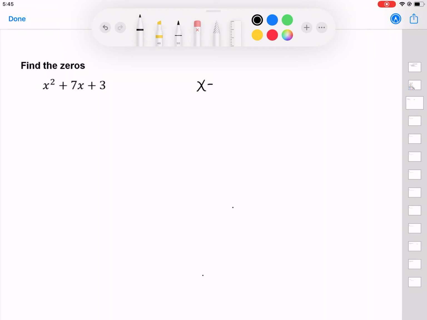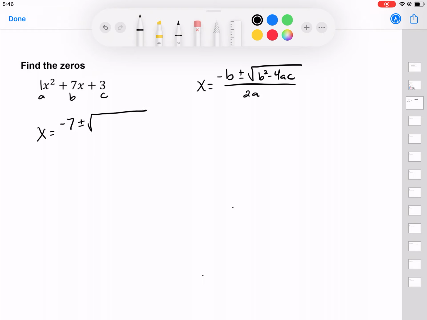So x equals negative b plus or minus the square root of b squared minus 4ac, all of that over 2a. So our a being 1, b is 7, c is 3. So let's just plug it in. So x equals negative 7 plus or minus the square root of 7 squared minus 4 times a times c, all of that over 2 times a. So let's simplify that.